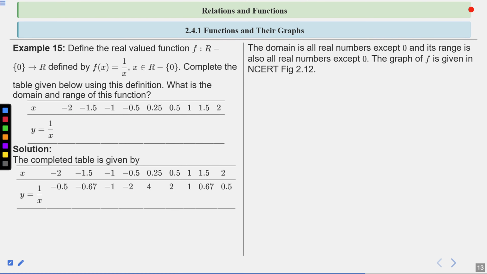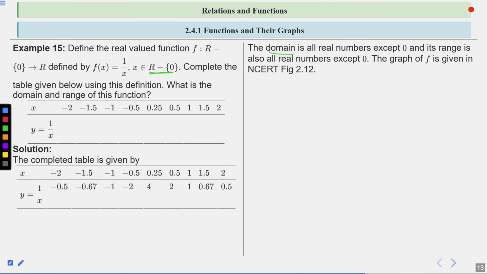Now, to answer the domain, it is quite clear that it is all the input values. So what values can we give as input? All real numbers except 0.